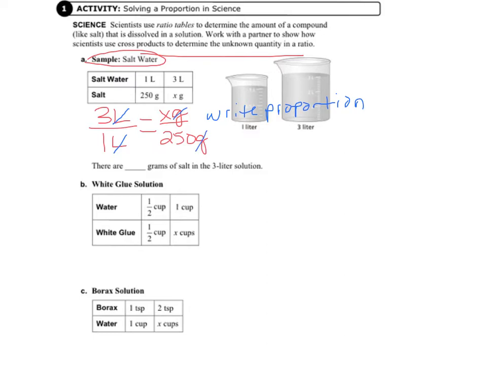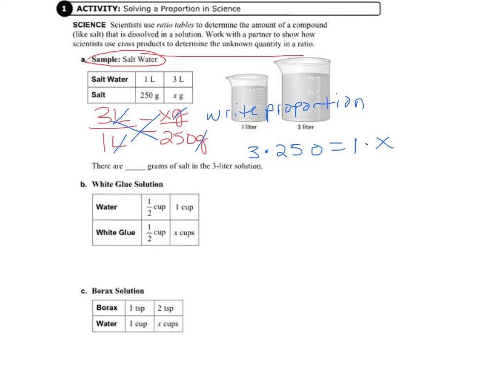And it says set the cross products equal. So I'll show you how that looks. It's 3 times 250, so that's your cross products here, equals 1 times x, so that's your cross products going the other direction. 1 times x.